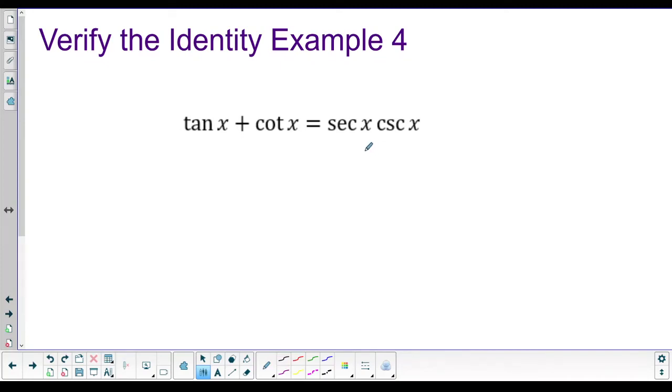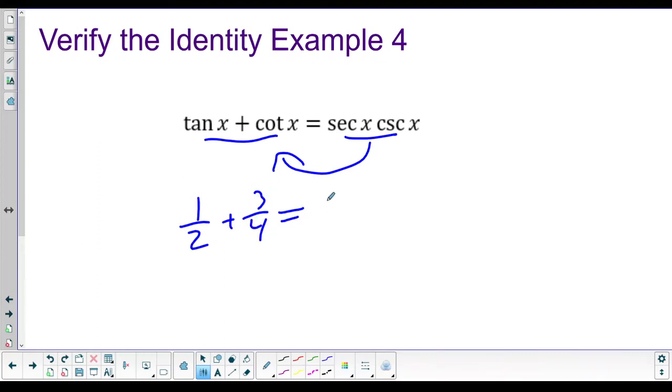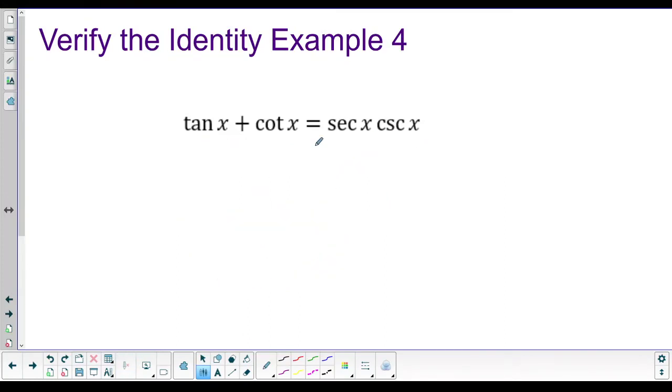So I know how to add things together better than I know how to turn multiplying into adding, right? If I have 1/2 plus 3 over 4, I can turn that into one thing easier than I can turn the one thing into two things. You feel me? So I'm going to go ahead and say that it's going to be easier to go this way than that way.